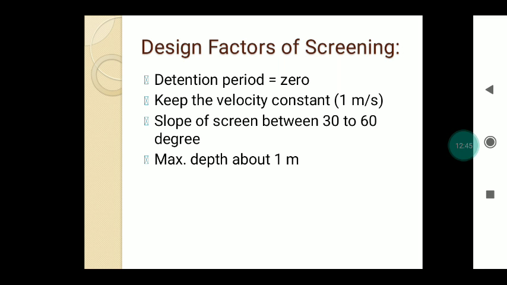The second factor is that the velocity should be kept constant, that means the velocity of the flow of sewage should be 1 meter per second. The third factor is that the slope or gradient of the screen is between 30 to 60 degrees. And the last one is that the maximum depth is kept at about 1 meter. These are the factors which are considered while designing the screen.